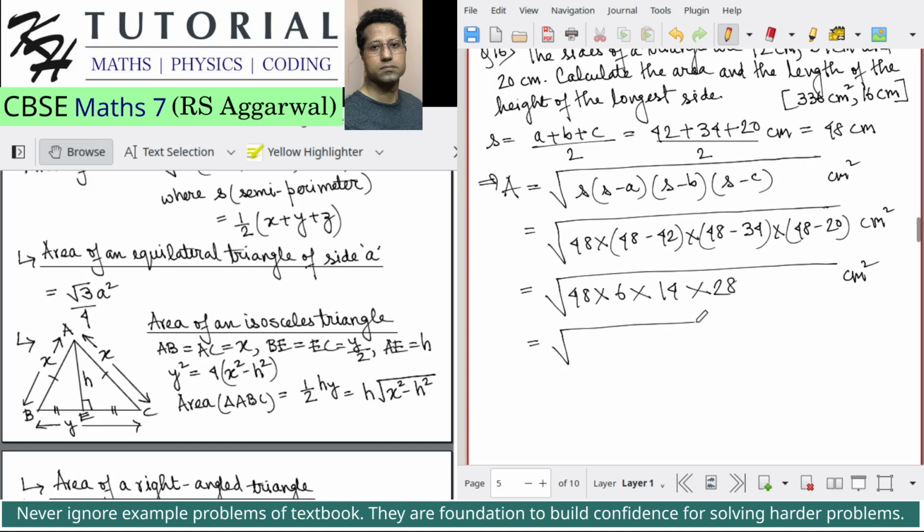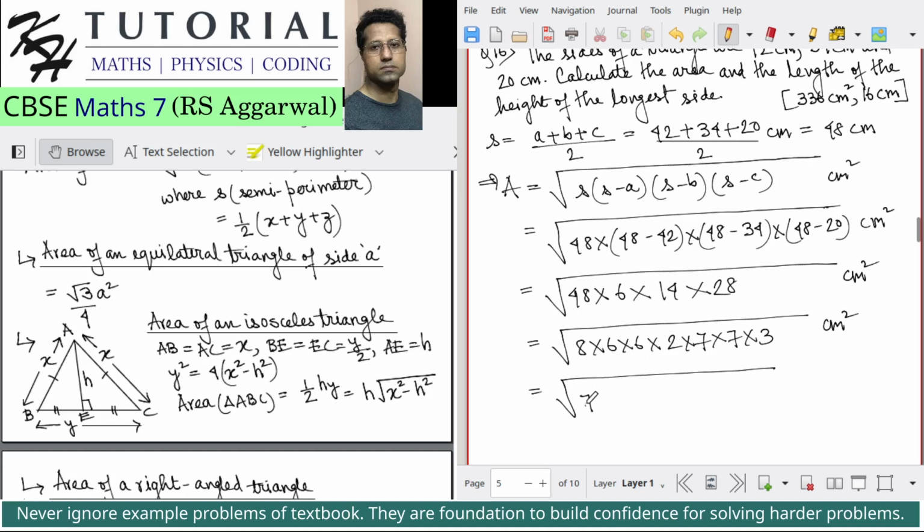This is equal to 48. 48 is 8 into 6. 8 into 6, we need 7. Okay, so let's see. 6 into 2 into 7 into 7 into 3 centimeter square. So this is equal to, we have 2 6.